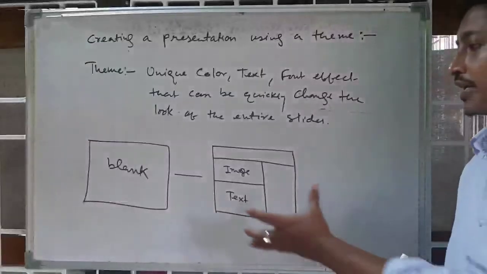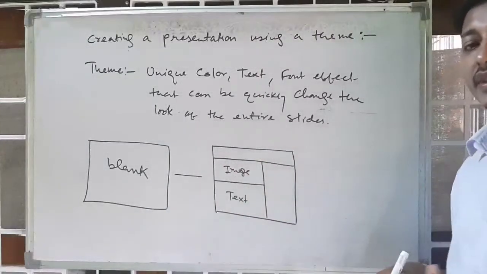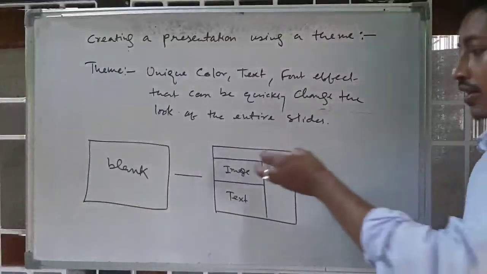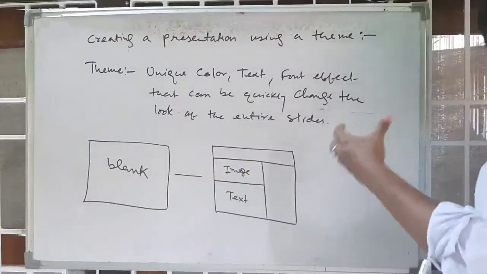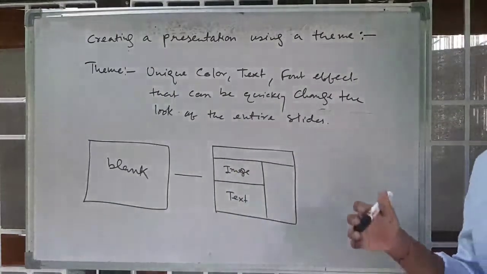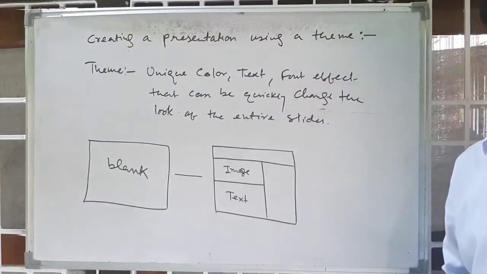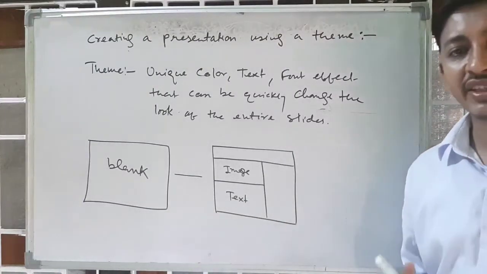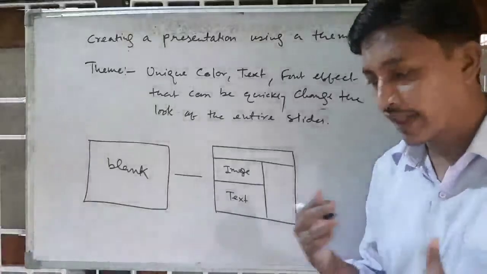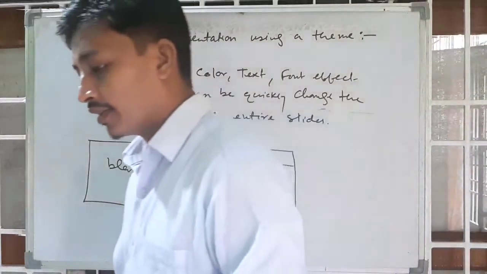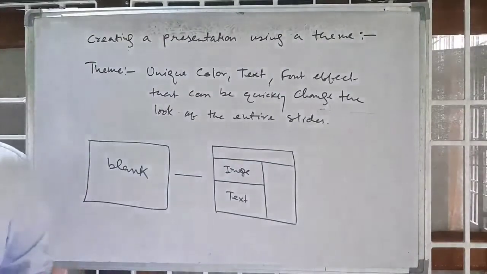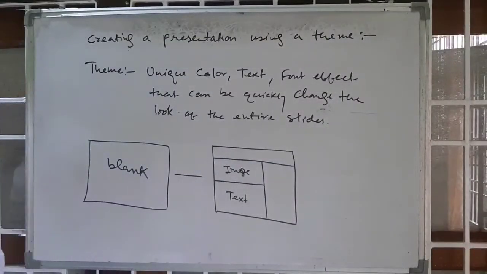So when you create a presentation with the help of themes, using images, text, colors, fonts, sound, and you can also add videos, it looks attractive. So that's why the user can easily be attracted. Okay, this is called themes.